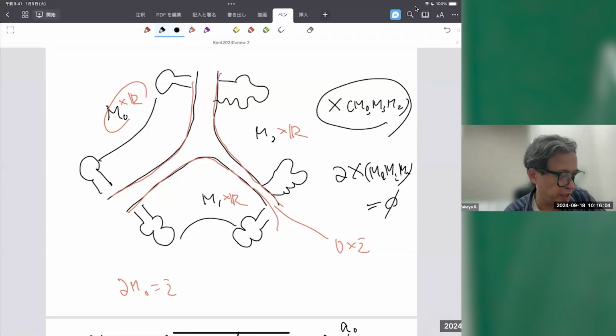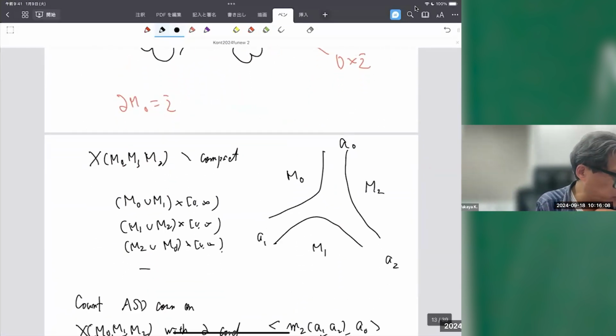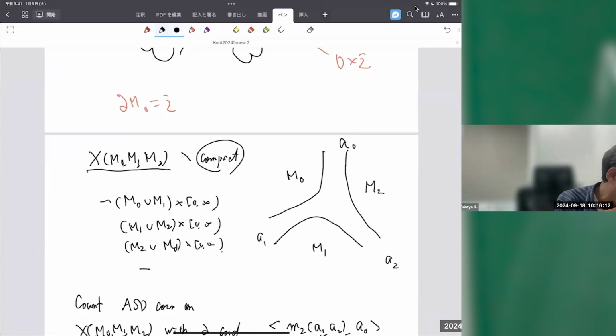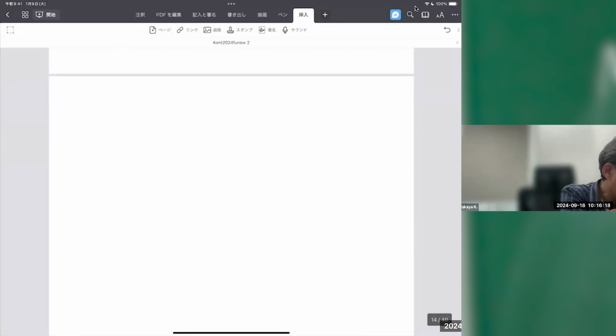However, it is non-compact, and its end is the following. If you remove some compact set from X, you have the three copies. So let me draw a picture again. We have this picture, right?